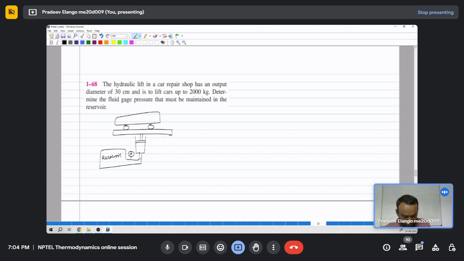So now we know the mass that is to be lifted is 2000 kg. So then we know the weight, which is 2000 into 9.81 newtons. And from this piston we know the diameter is 0.3 meters.